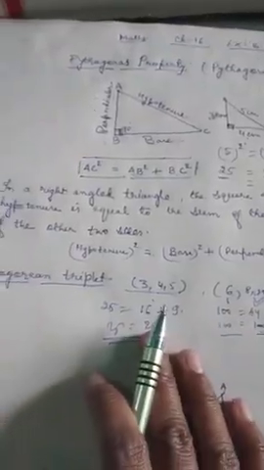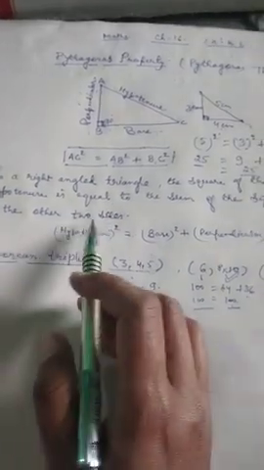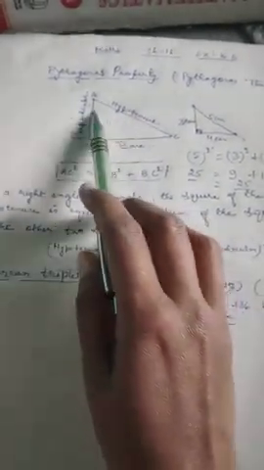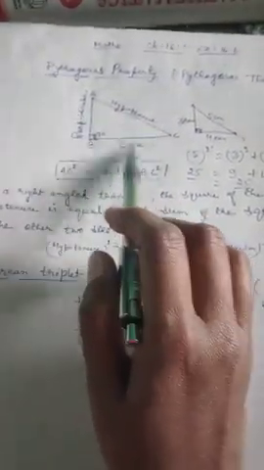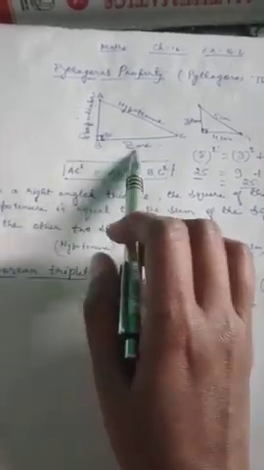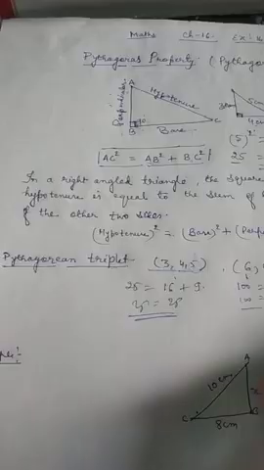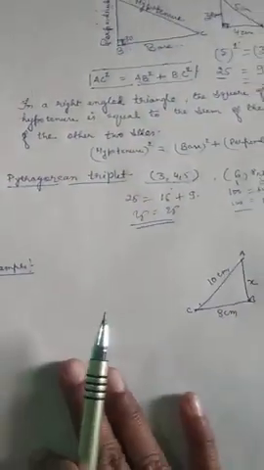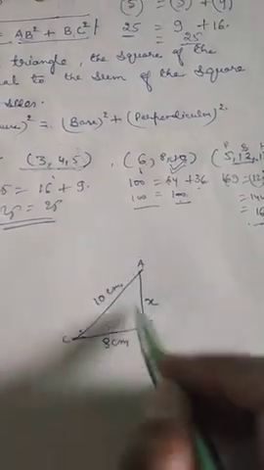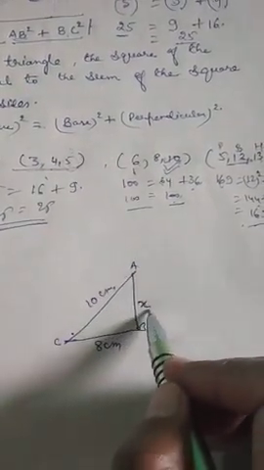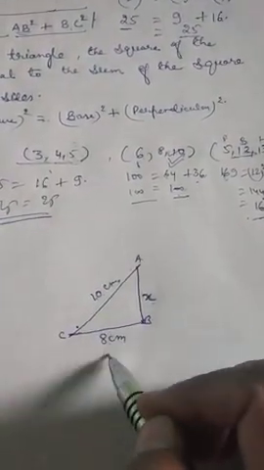Understood, students? What is Pythagoras theorem? Pythagoras theorem says that in a right angle triangle, the square of the hypotenuse is equal to the sum of the squares of the other two sides, base and perpendicular. Now how do questions come based on this theorem? The question will be like this: in a right angle triangle, one side will be unknown and the other two sides will be given.